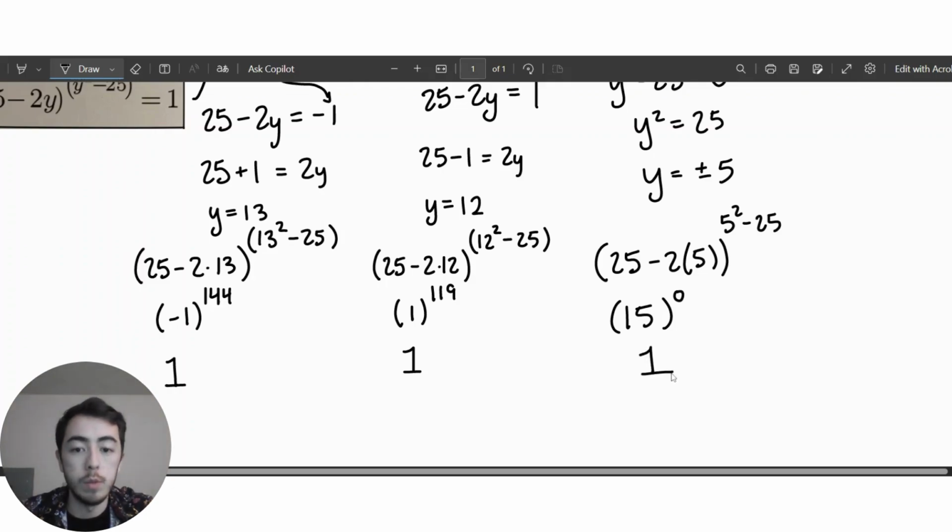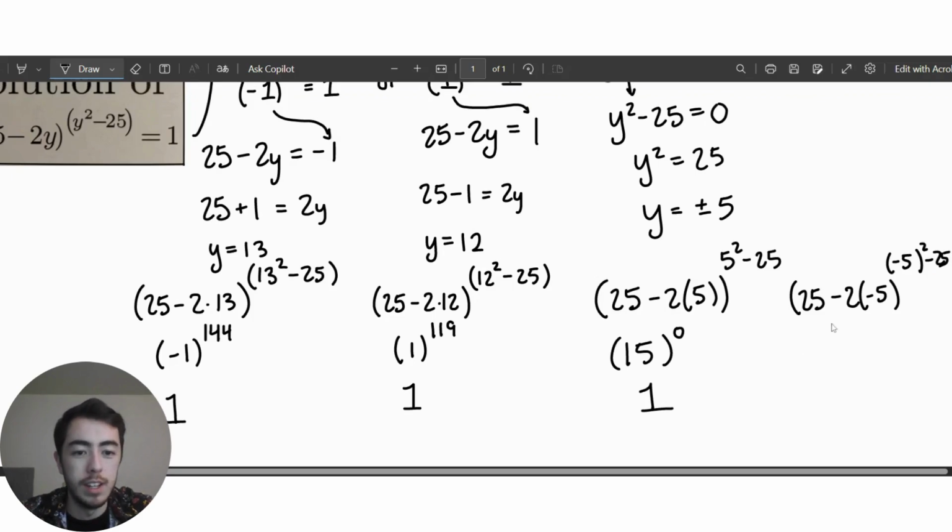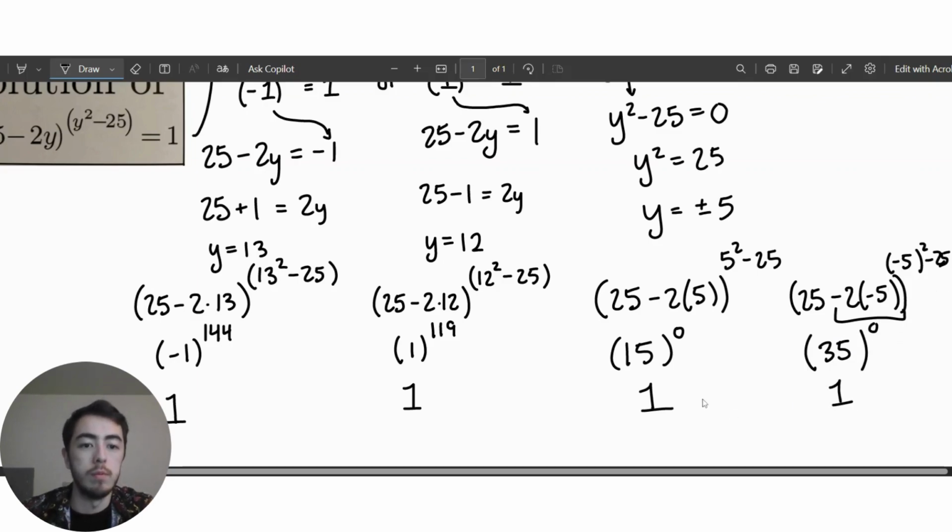So this does produce a 1. And negative 5 does as well. So I'll plug in the negative 5 here. 25 minus 2 times negative 5 to the power of negative 5 squared minus 25. Again, it doesn't really matter what the base is. Here it's going to be 35 because I'm adding a 10 right here. Exponent, still 0, and so I still get a 1.